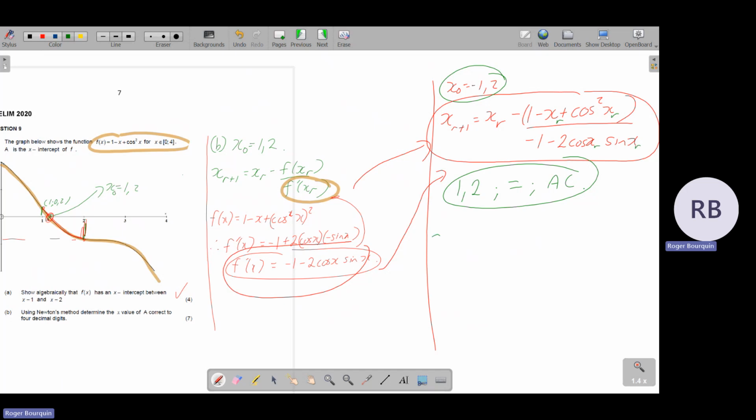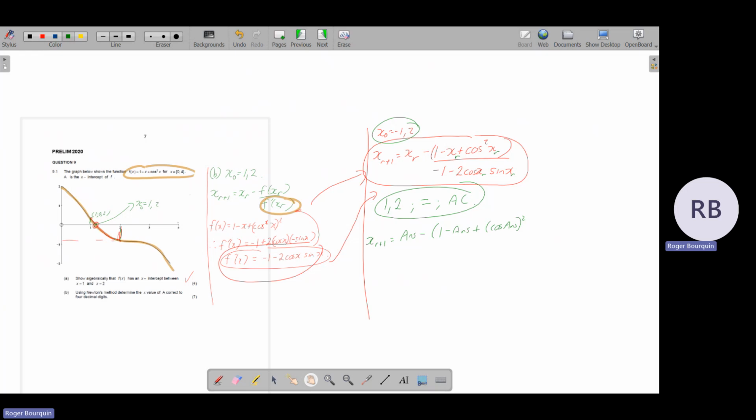This is what it should look like on your screen: x_(r+1), the next answer, is equal to answer minus 1 minus answer plus cos answer squared, over minus 1 minus 2 cos answer sine answer. So that's what it should look like on your screen.